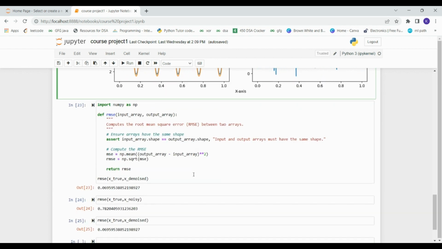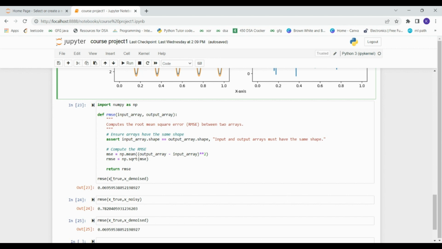For that, we use root mean square error. This function root mean square error takes two arrays as input, the original signal and the output array which represents the denoised signal. The function calculates the root mean square error between the two arrays. The RMSE is a measure of difference between two arrays, with lower RMSE indicating a better fit between the denoised and original signals.